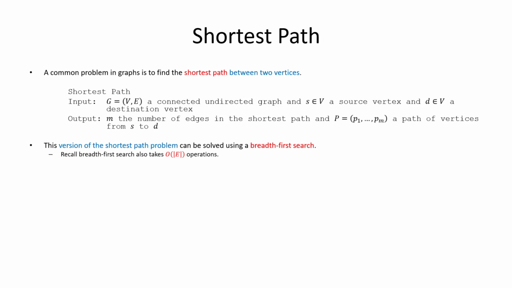Another very common problem that you'll encounter with graphs is the shortest path problem. It's so common a problem that you probably encounter it on a daily basis if you're out driving or navigating. We now all pretty much rely on Google Maps or a similar program to calculate the shortest path in time or in distance between 2 points.